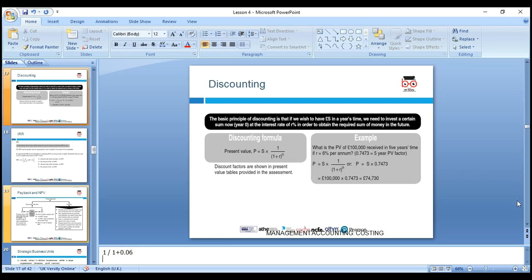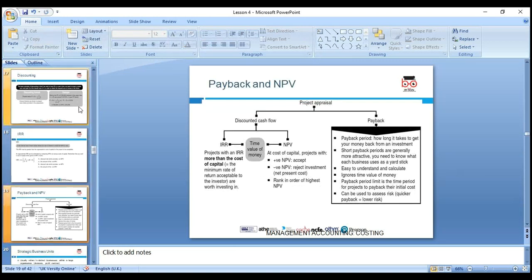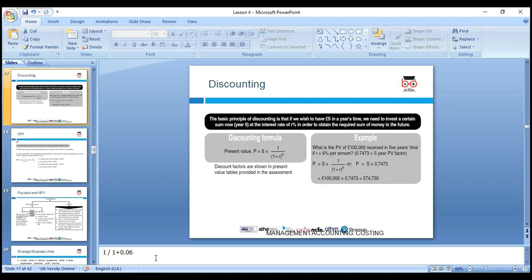If I say 10%, the value of my money will decrease every year. So let's do 1 divided by 1.06. We use this formula: 1 divided by 1 plus R. R is the discount rate.